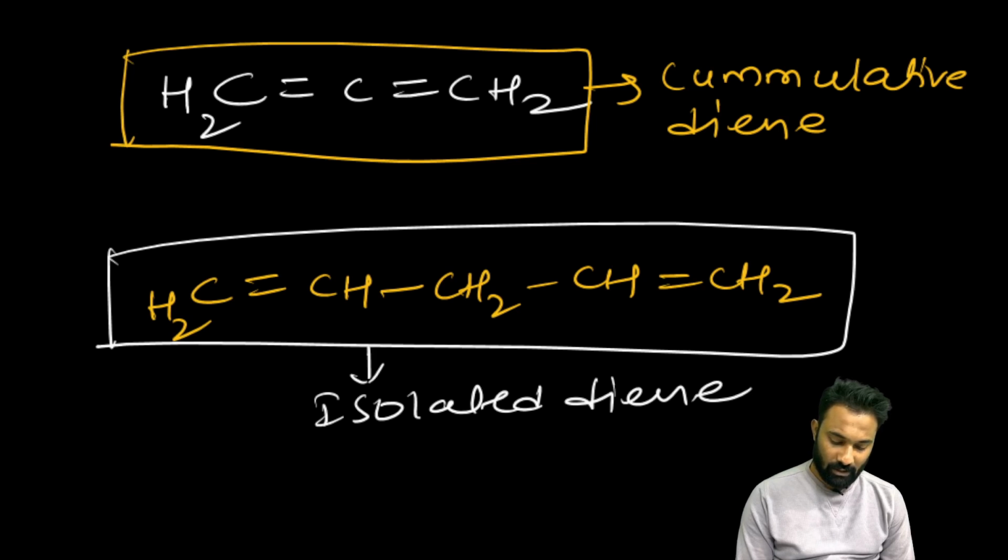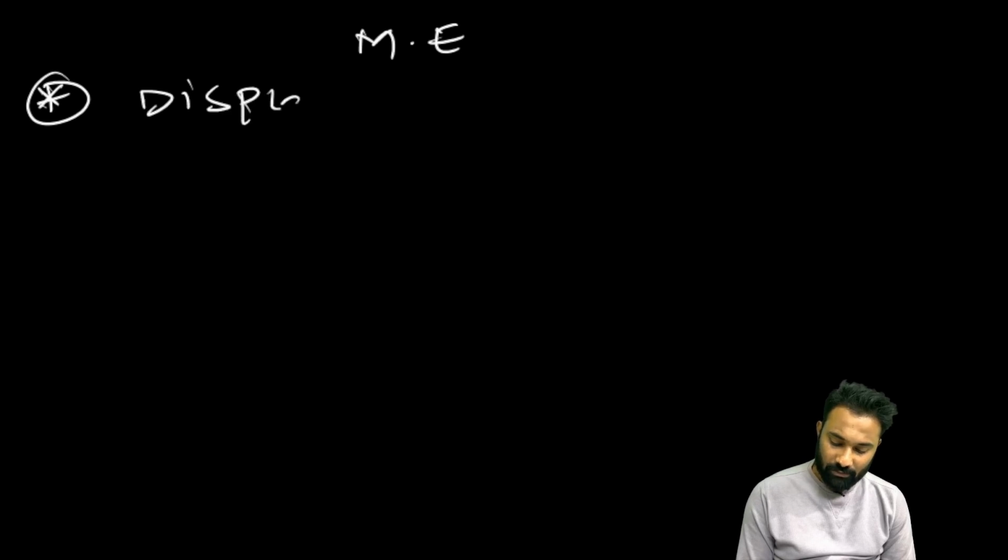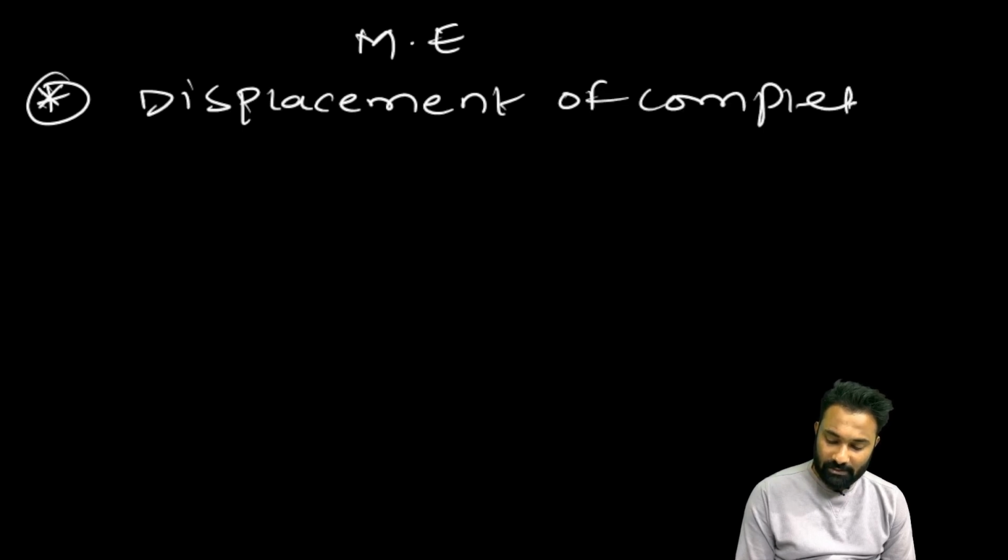Now for any compound to show the mesomeric effect, what are the conditions it should have? Clear? First, what is the meaning of the mesomeric effect? In the mesomeric effect, the first key point we have to remember is the displacement of the complete pi electrons.